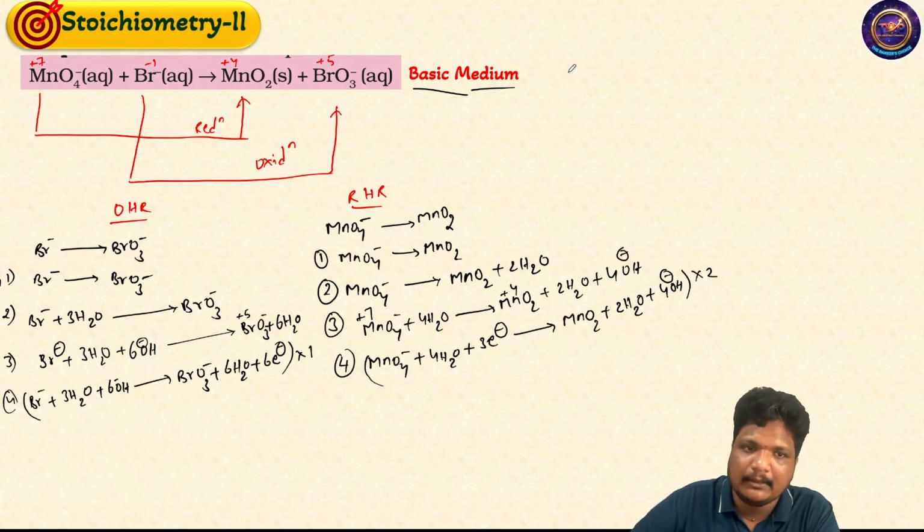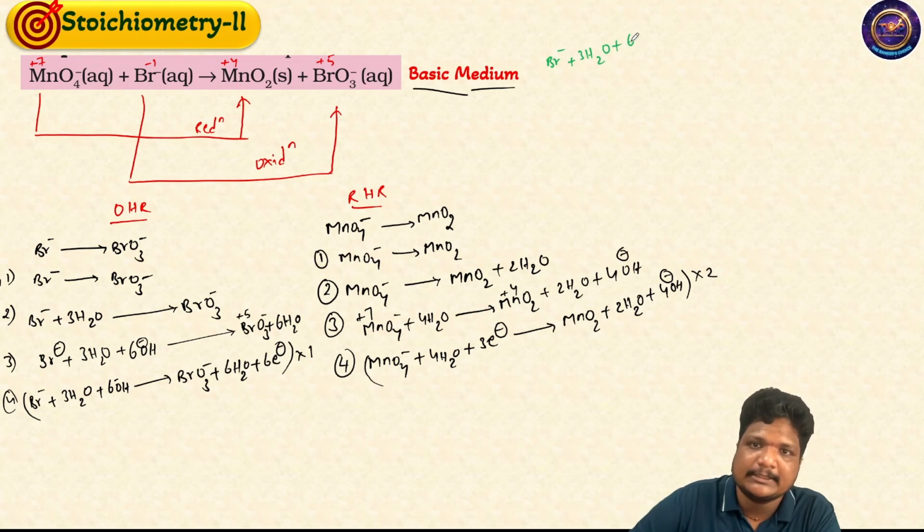So here, Br minus plus 3H2O plus 6OH minus gives rise to BrO3 minus plus 6H2O plus 6 electrons.